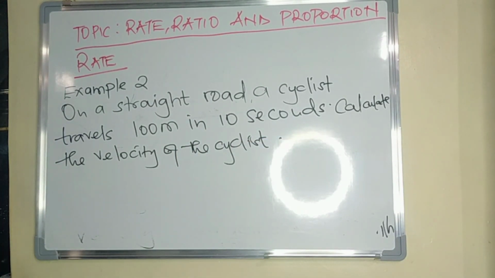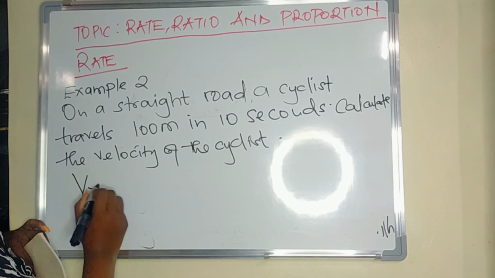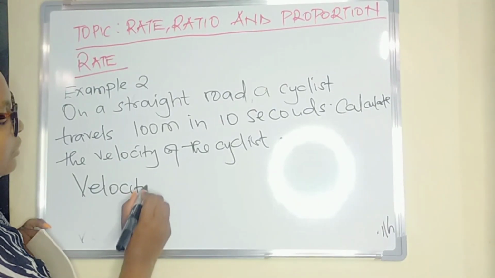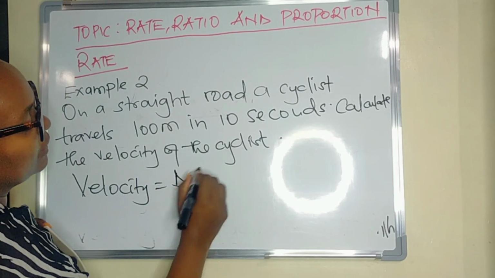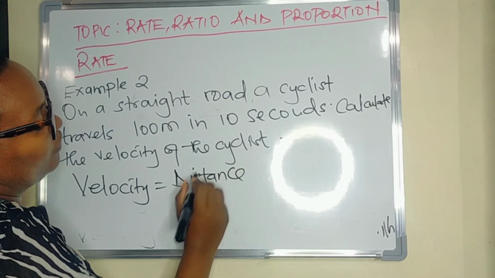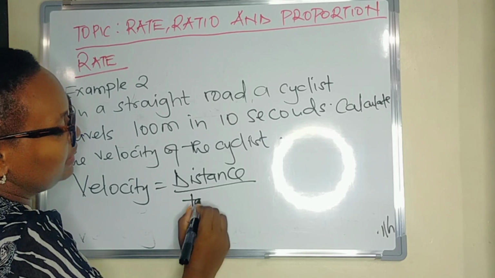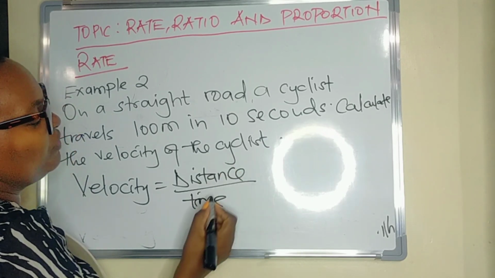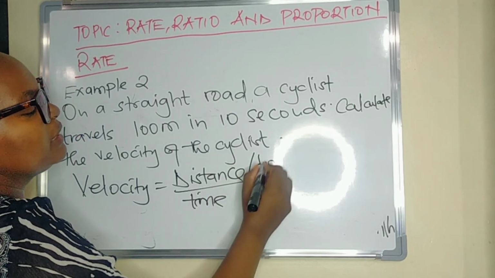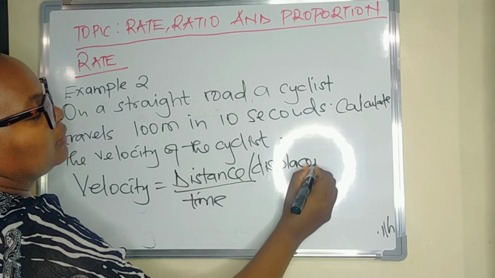So, how do we go about this? First thing we know, velocity is equal to distance over time. And this distance is in a specified direction, which we call displacement.